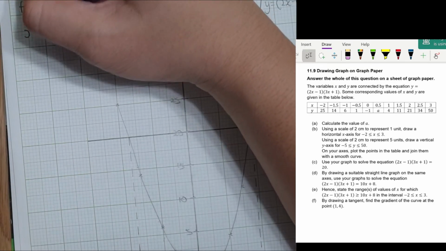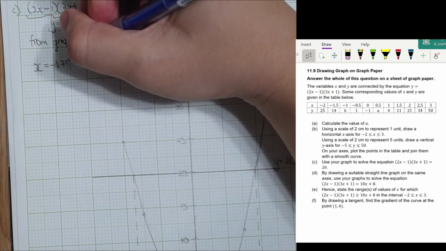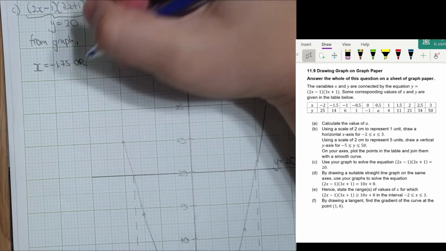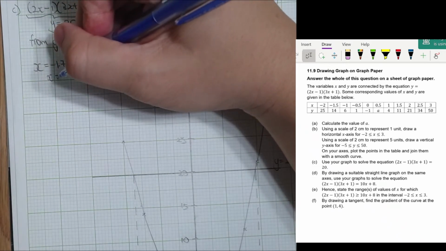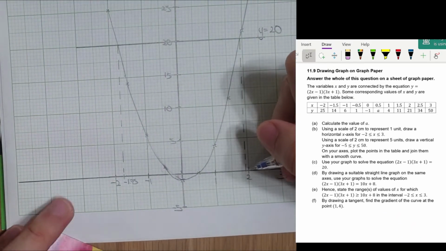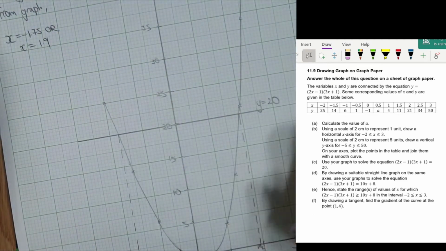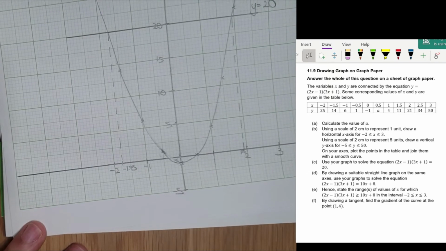So x is equals to negative 1.75, or x is equals to, looking at the right side of the graph, this would be 1.9. Maybe I write down 1.9 there, a very small one.